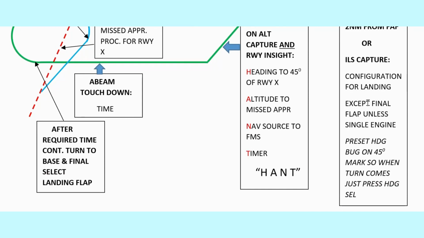Your final flap setting will depend on whether you are coming with a single engine or dual engine. If single engine, on the Dash 8 it is flap 15, so you'll keep flap 15 all the way down to the landing. If you're coming with 2 engines, normal operations, then your landing flap will be 35, which will deploy later, not at this stage.